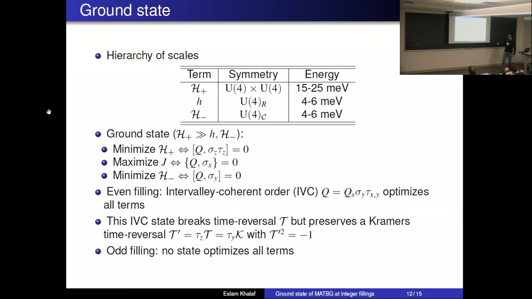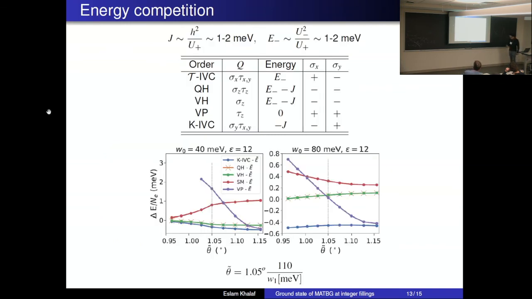And using the same argument, we can find that at odd filling, there is no simple Slater determinant state that satisfies all these conditions simultaneously. This argument not only tells us what the ground state is, but it also tells us the energy competition among this manifold of low-lying states.